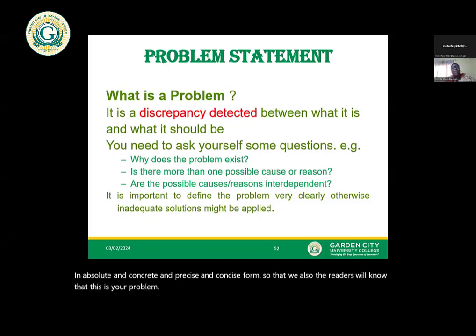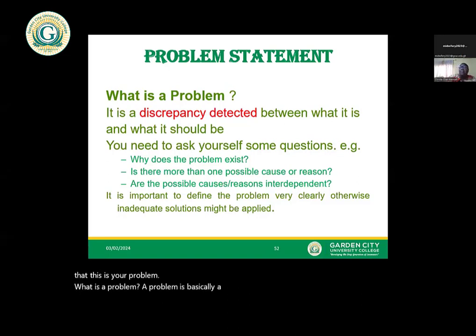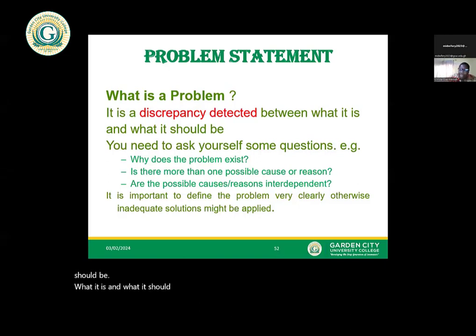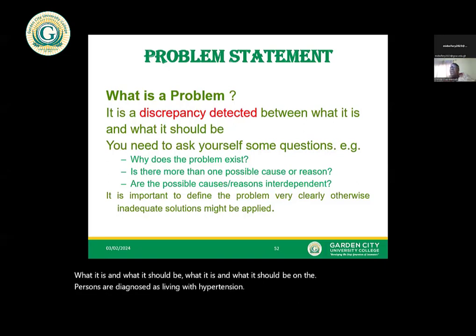What is a problem? A problem is basically a discrepancy detected between what it is and what it should be. On the norm, when persons are diagnosed as living with hypertension, they are educated to modify their lifestyle.